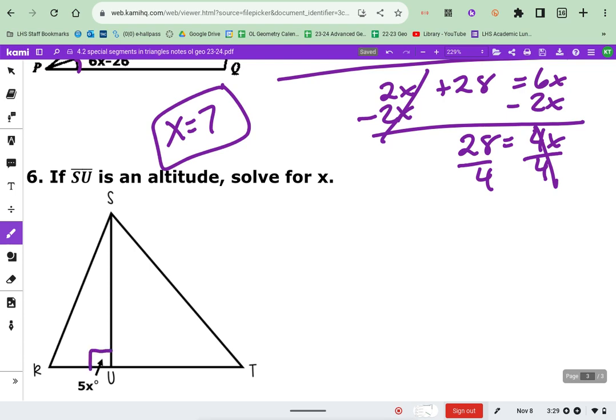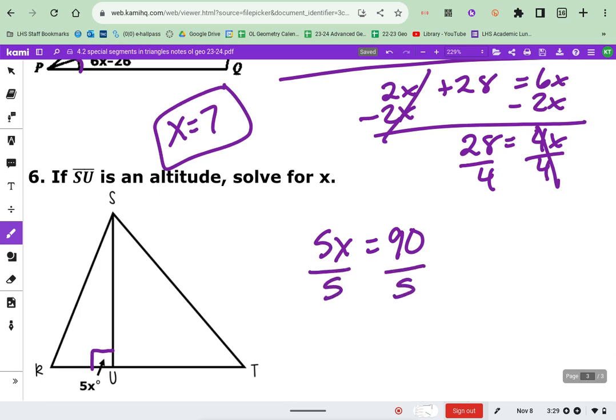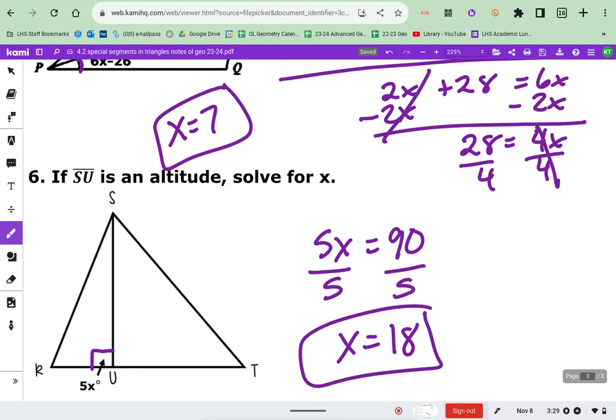If it's perpendicular to the other side, it's making right angles, and right angles are 90 degrees. So if that little angle is 5x, then 5x equals 90. We can divide by 5 on both sides, and x is 18.